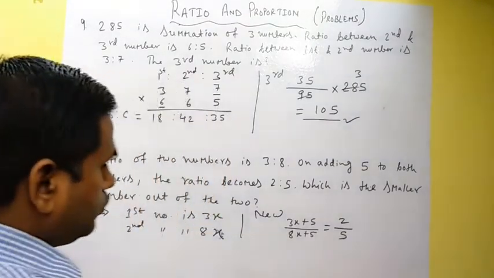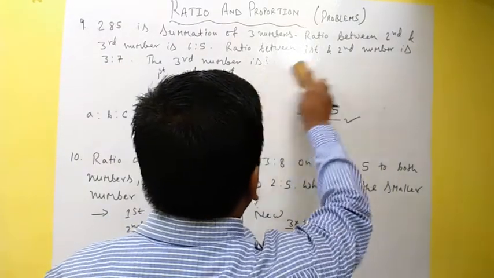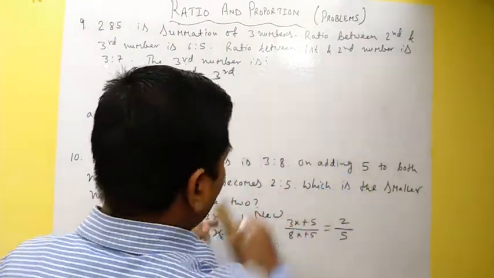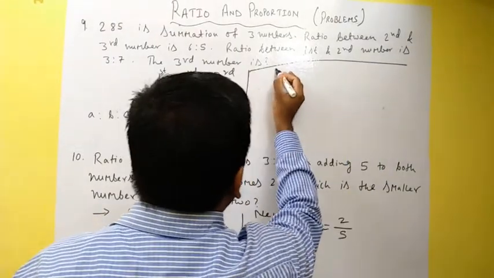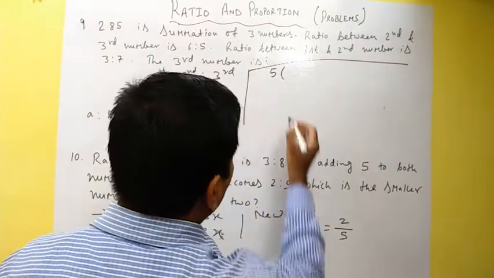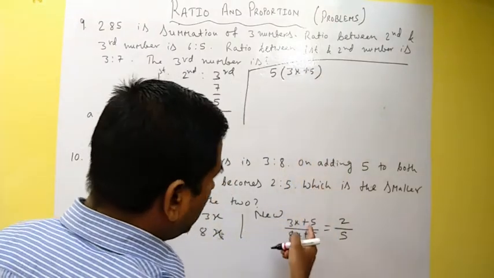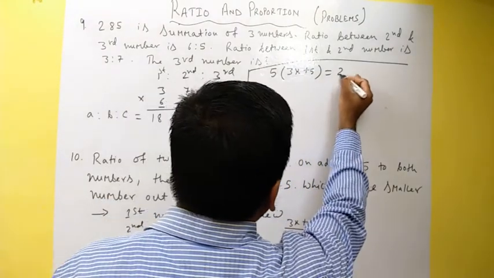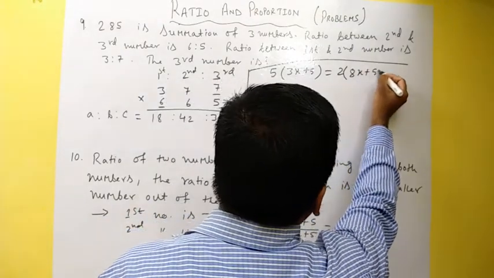Okay, so to solve this, I'm going to use this space here. When we do the cross multiplication, this will become 5 into (3x plus 5) is equal to 2 into (8x plus 5).